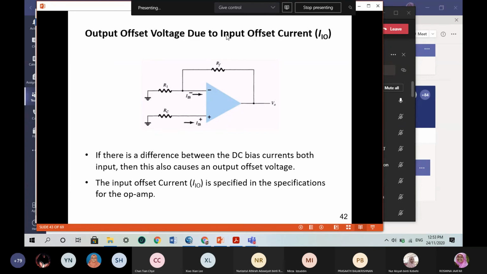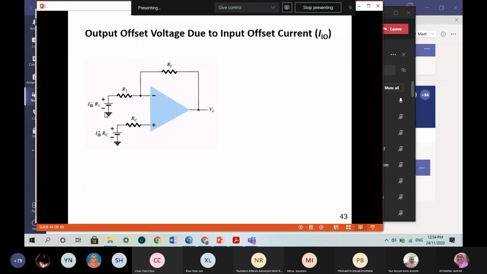Next, the output offset voltage due to input offset current IIO. If there is a difference between the DC bias currents at both inputs, then this also causes an output offset voltage. The input offset current IIO is specified in the specifications for the op-amp. There is a voltage drop across here, and this voltage drop is due to IB times R1. For the positive terminal, the voltage drop is due to IB times RC.